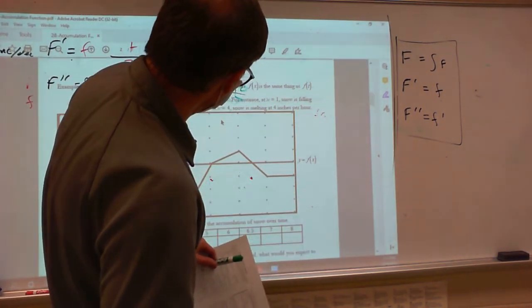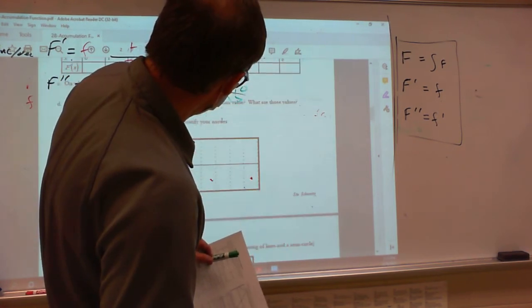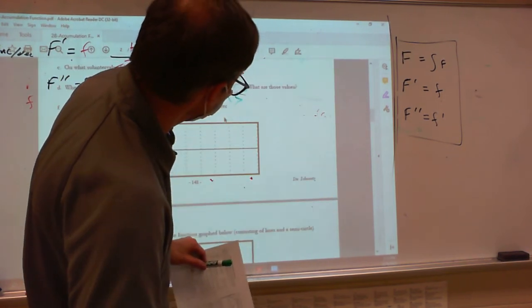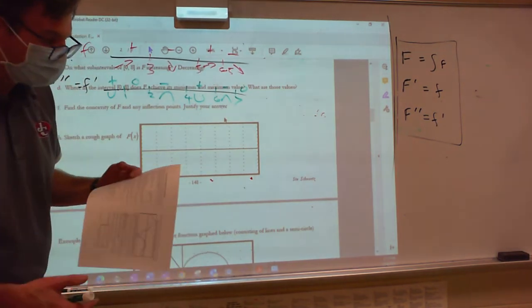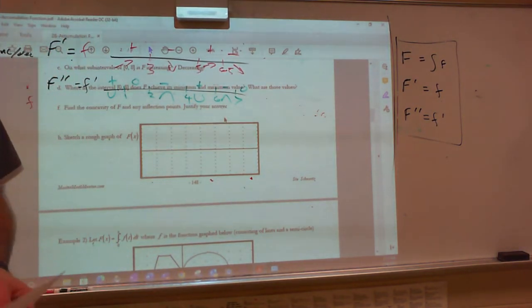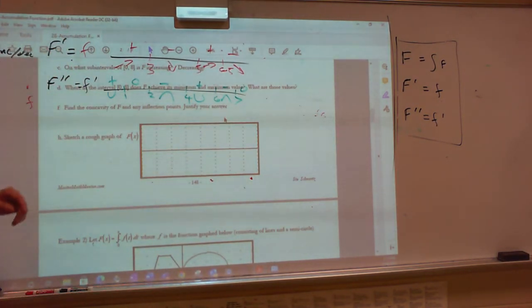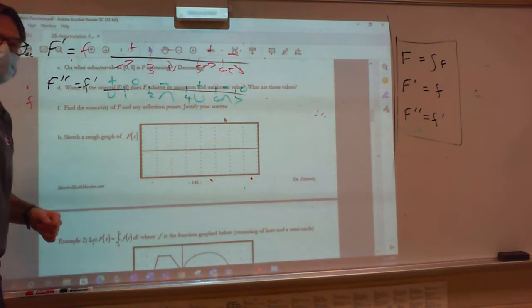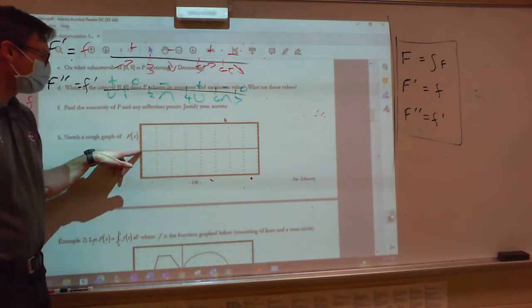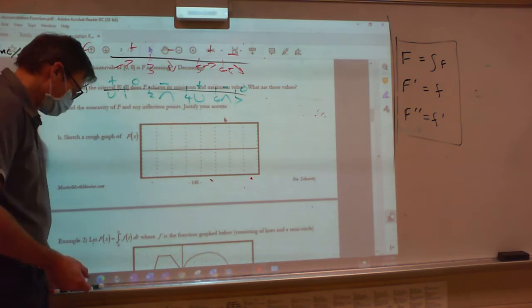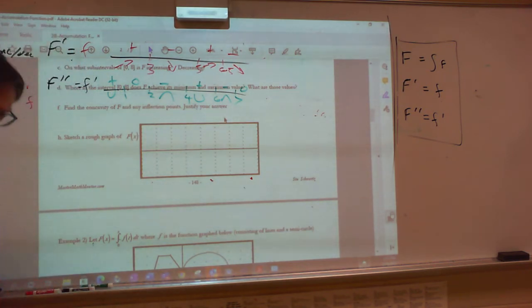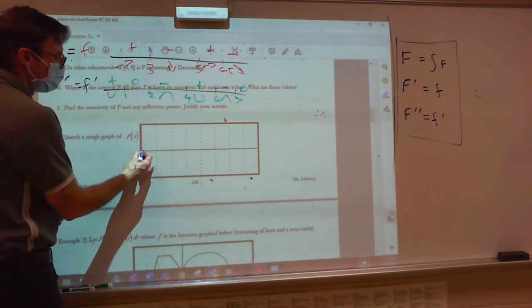Now, the last little bit, and I'm going to need your help because I had to erase my chart. Everybody look at your big F chart, that first chart we filled out. We're going to plot points. At 0 we were at 0.